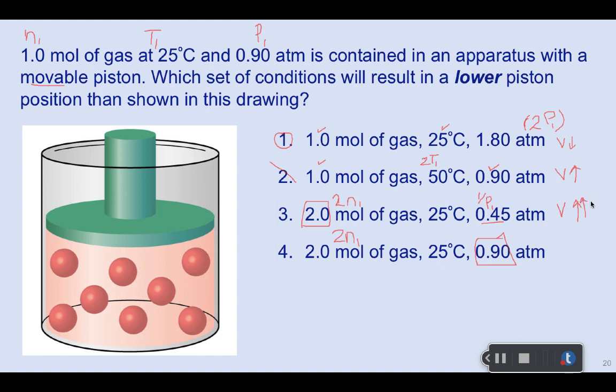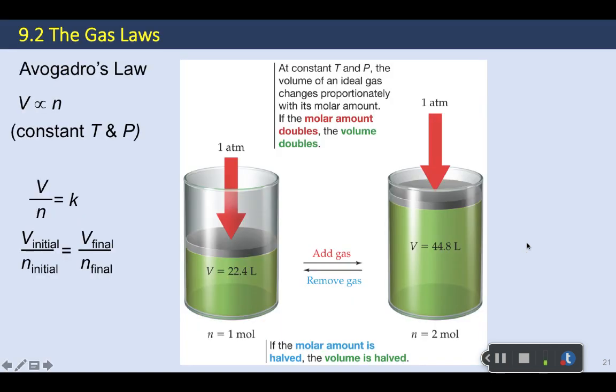So there are 2 reasons the volume will increase on that one. The volume will increase by decreasing the pressure to 1/2. I didn't read the last column carefully. And then the fourth one, if you have twice the number of moles of gas, the same temperature, and the same pressure, the volume does also increase. Okay, you can calculate those out, but we get the general qualitative idea, and that's not so bad. That's a good place to go.